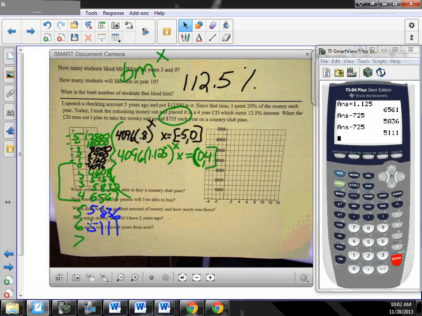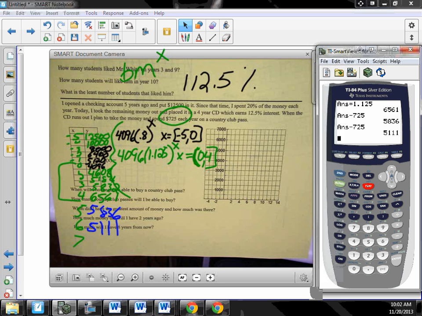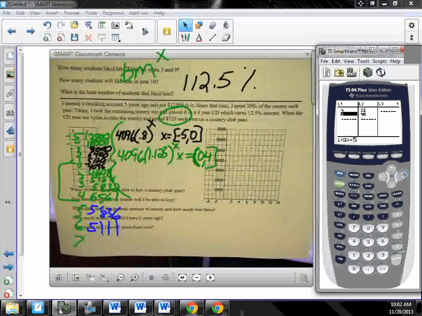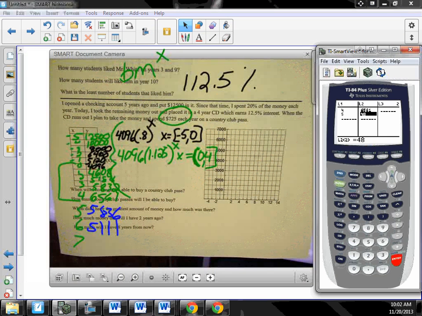So I need to backtrack 4 years to find year 0, or you can just use your stat edit. So year 4 and year 5. And then I just need to plug in 6561 and 5836.